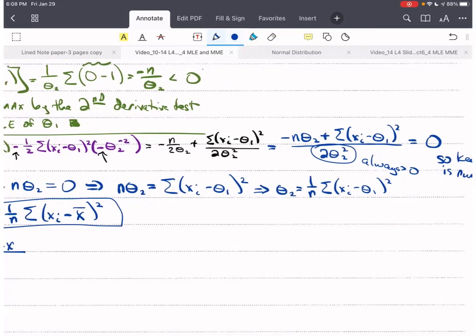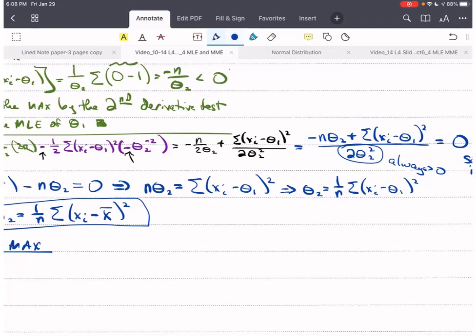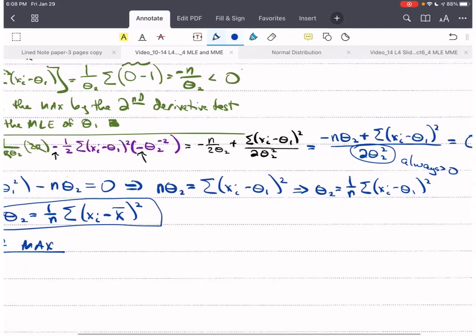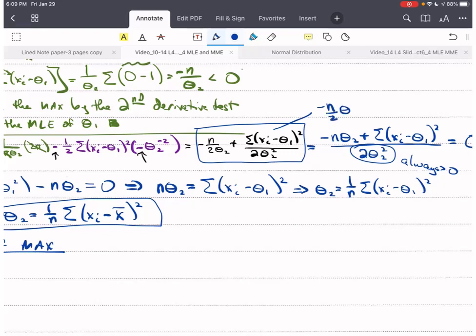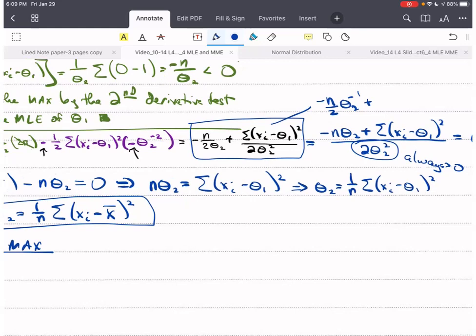And I think I'm going to use this here and rewrite it as negative n over 2 theta 2 to the negative 1, plus the sum of, so I'm going to write this as theta 2 to the negative 2 sum of xi minus theta 1 squared over 2. Okay?